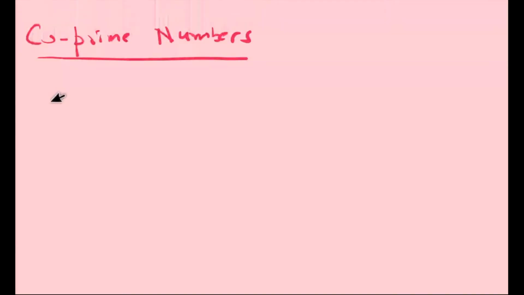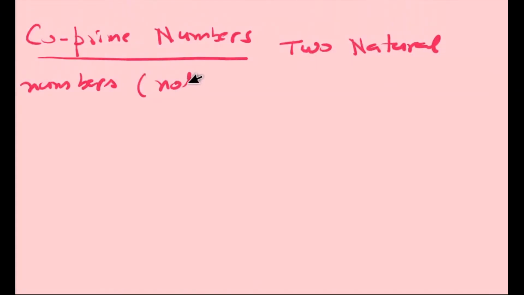This is a very important point, right? So what are co-prime numbers? Two natural numbers, not necessarily prime, means they may be prime or they may not be prime.